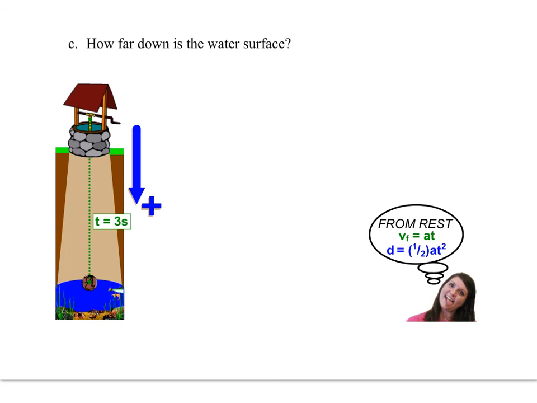Part C here says how far down is the water surface? In part B, we calculated this average velocity as 15 meters per second, and it takes 3 seconds for the coin to make it down to the bottom of the well.